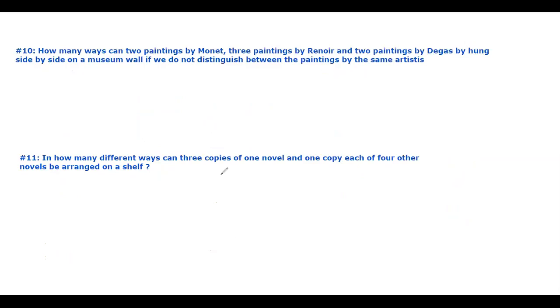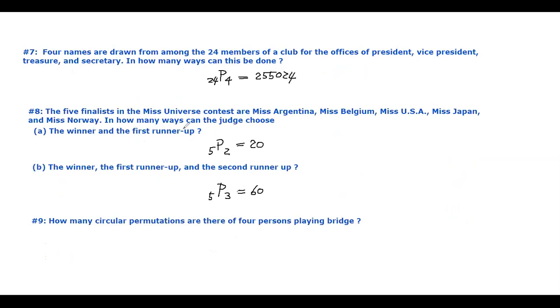Now let's take a look at this problem. How many circular permutations are there for 4 persons to play bridge? We only care who is on my right-hand side and who is on my left-hand side, and I can sit at any side of the table, correct?